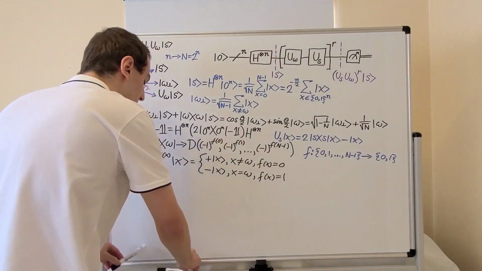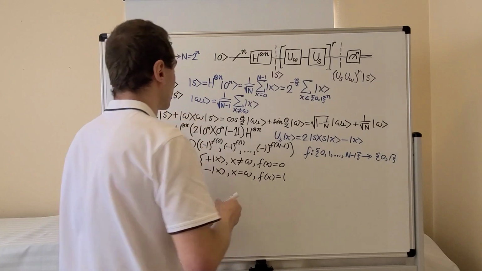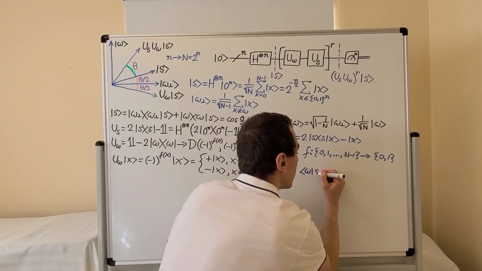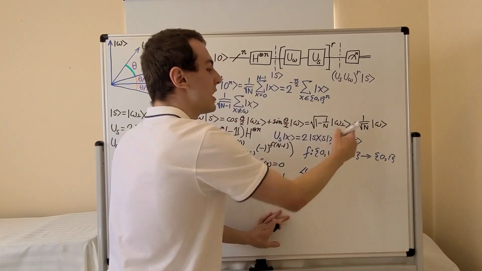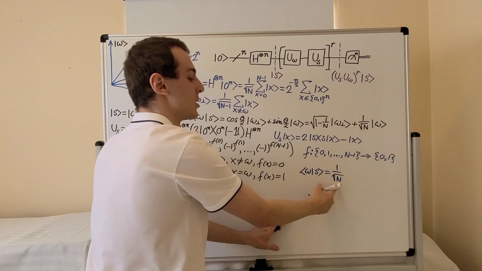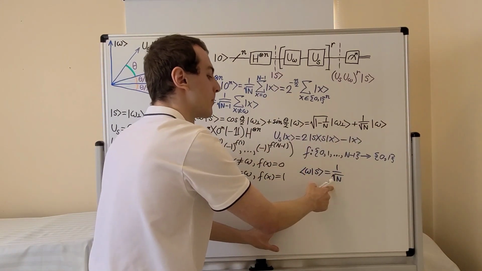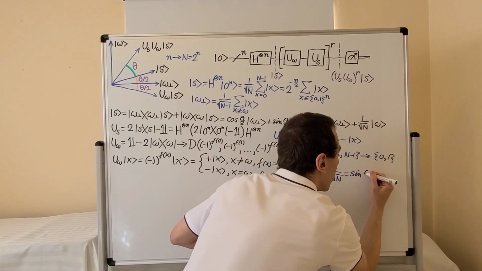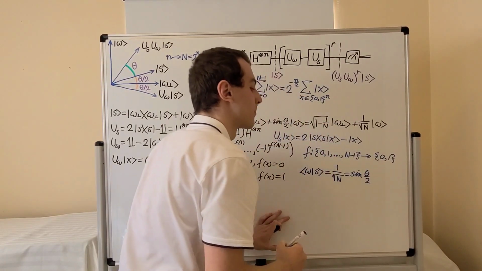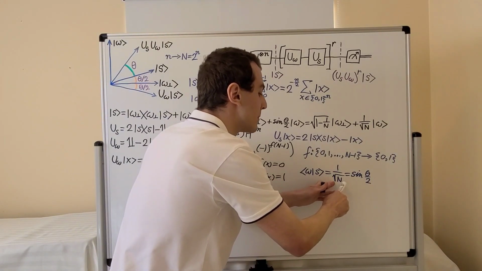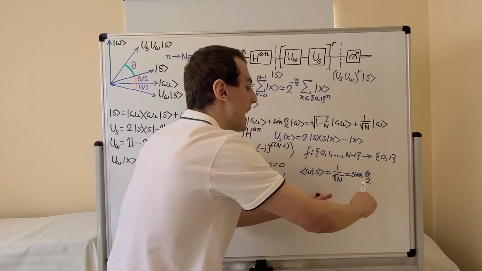And let's write down something very important concerning the inner product. If we examine the inner product of omega with the state s, we can read off over here that that is equal to 1 over the square root of big N. So we found that out earlier in the video. And we also know that this is equal to sine of theta on 2. And in the approximation where N is really, really big, this is going to be a small angle.